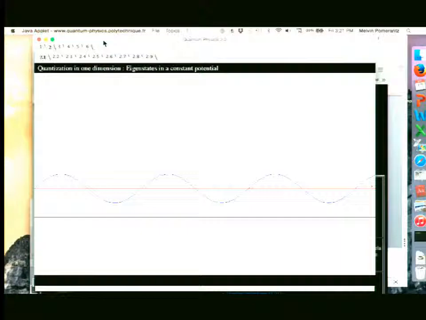Nice application. This is another fundamental idea of this subject: de Broglie's idea that a material particle having a momentum p, usually given by mv, should have associated with it a wavelength, lambda equals h over p.